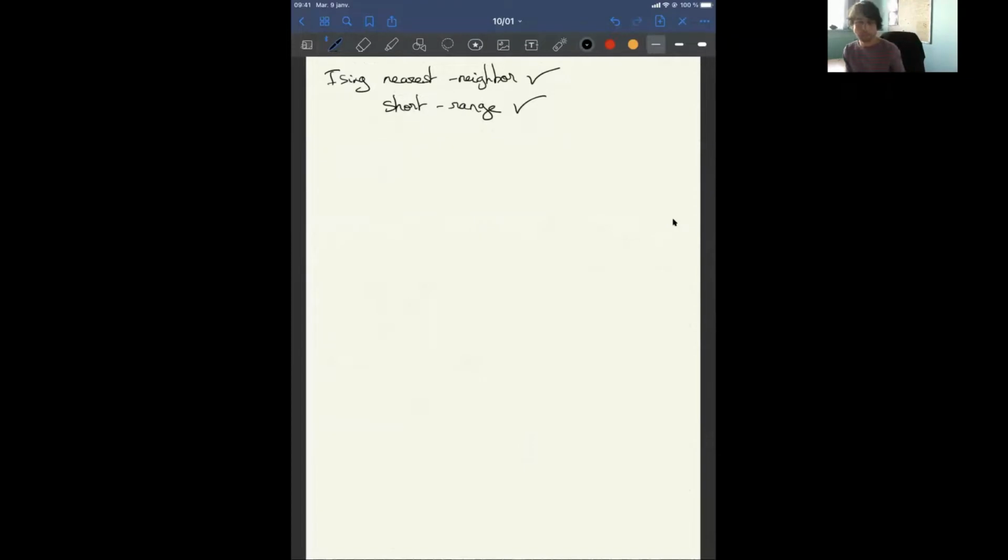So even if you're interacting with everyone else, but with an interaction that decays fast enough that the total contribution of you with everyone else is bounded, then the same argument works. Okay. And then for long range, well, it might not work. But it might also work in some cases.